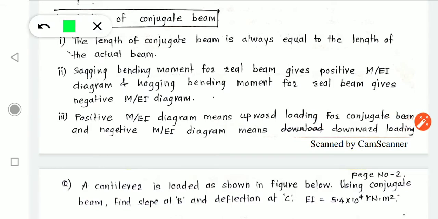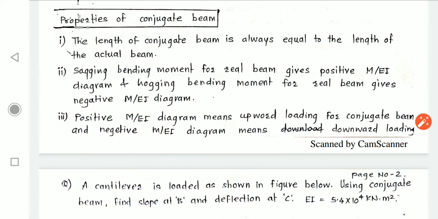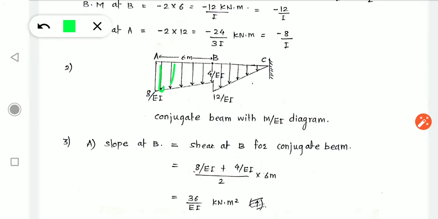It means that if the M by EI diagram is negative, then we should take a downward loading. Therefore in this diagram I have shown the loading in the downward direction.